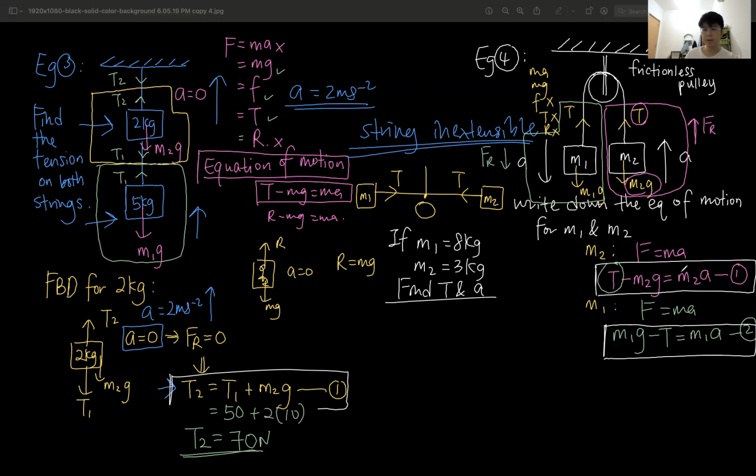M2G you know the value. So you have two unknowns and two equations, and you can solve them simultaneously. Solving these two simultaneously, you can find the tension and the acceleration. The acceleration is the same for both, because they are attached by one string. So when this one moves this fast, this one also moves down with the same acceleration.